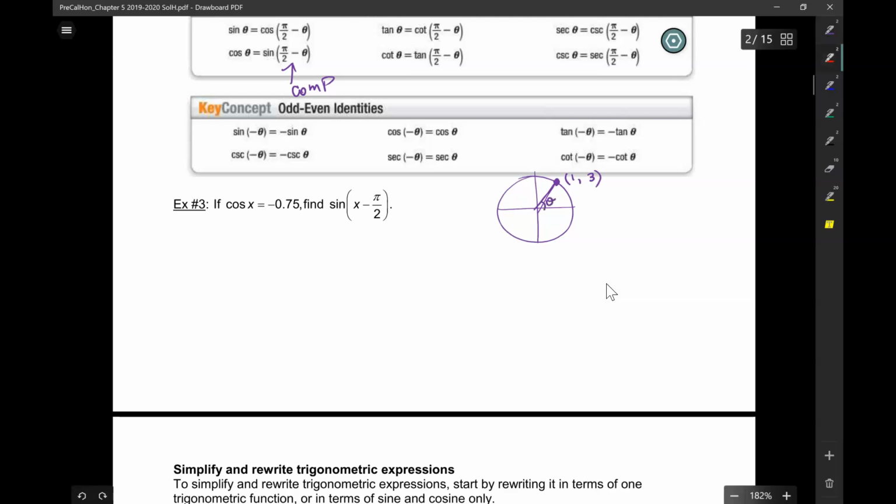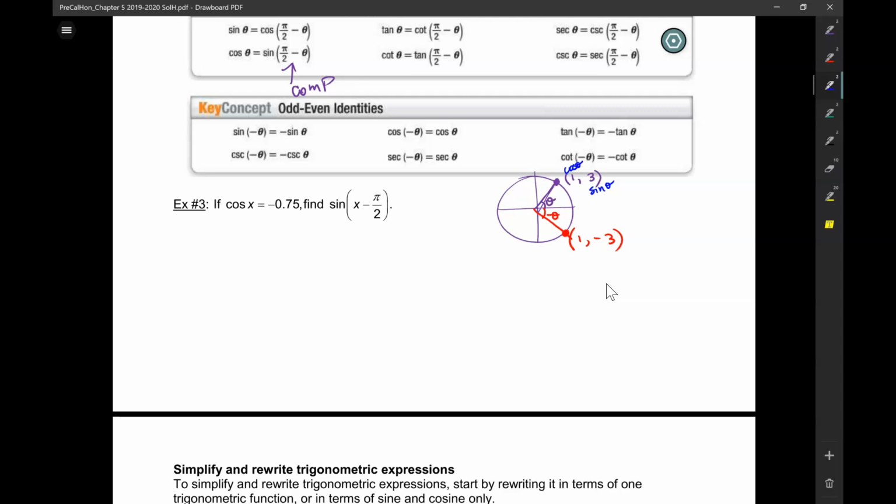Now, if I move to negative theta, what would this coordinate point be? What would the x value be? (1, -3). And so now, if our x value is cosine and our y value is sine, then in going from an angle to its negative, the cosine stays the same.